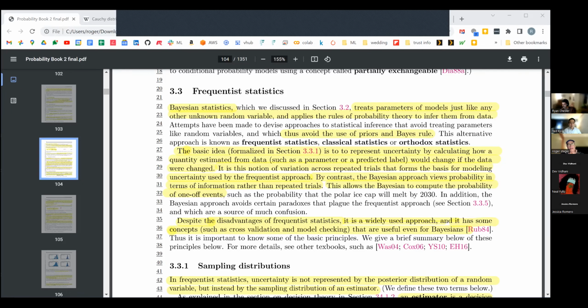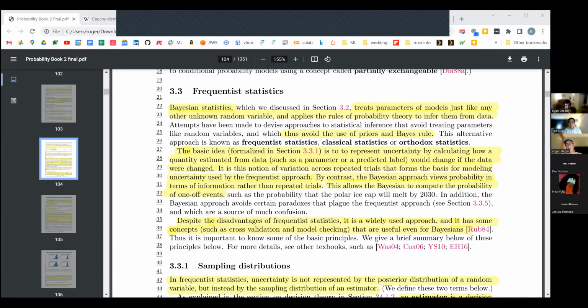So I think that we left off here at 3.3, and this was the introduction of the frequentist statistics. I think this might be one of the areas that is important, and we might spend a little bit of time trying to understand the difference between the two.